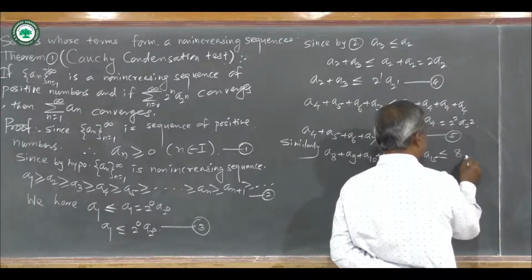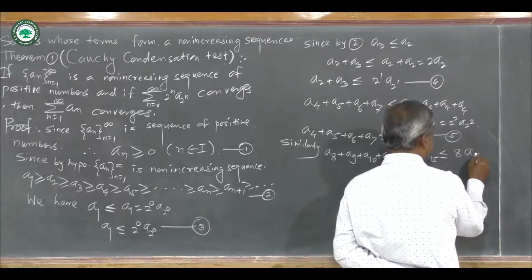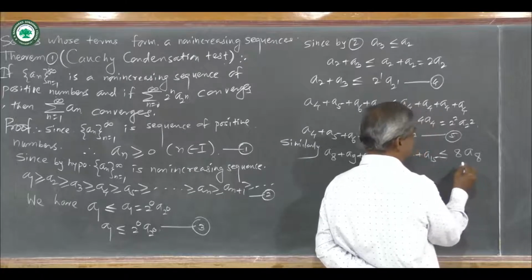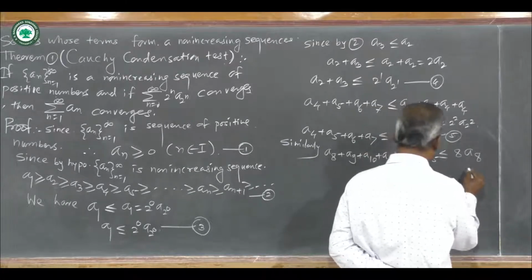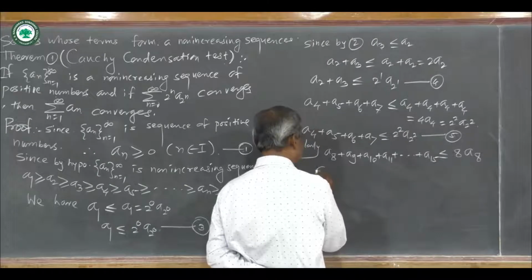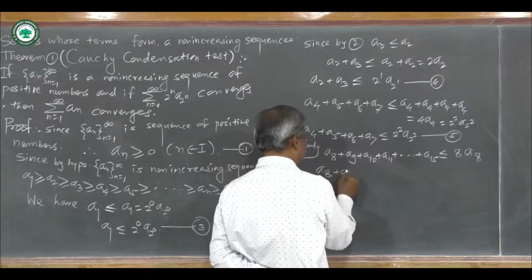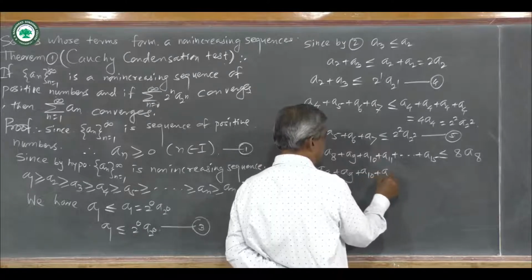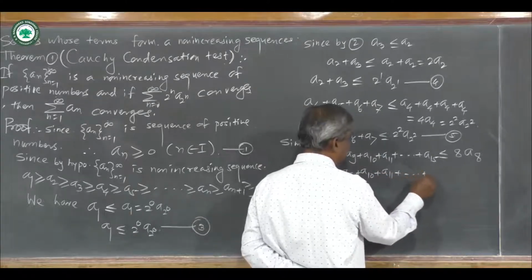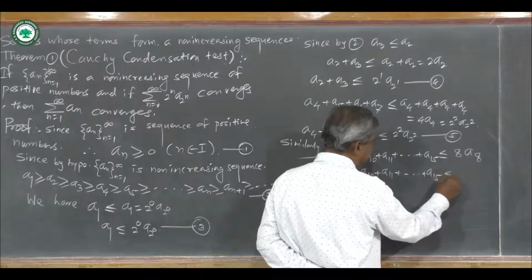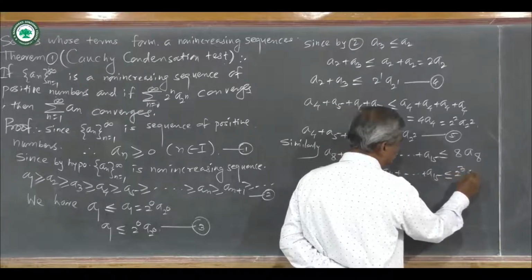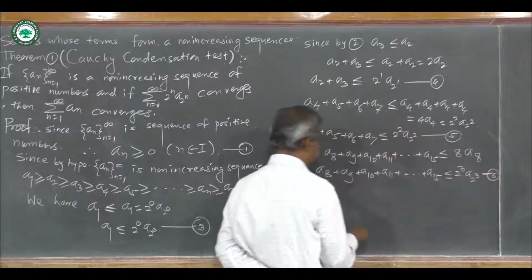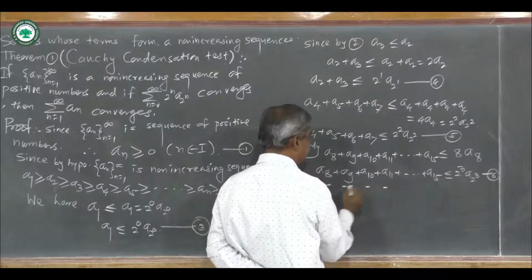That is 8 times a suffix 8, which is equal to 2 raised to 3 into a suffix 2 raised to 3. That is, a8 plus a9 plus a10 plus a11 plus and so on plus a15 is less than or equal to 2 raised to 3 into a suffix 2 raised to 3. This is relation 6, and so on.